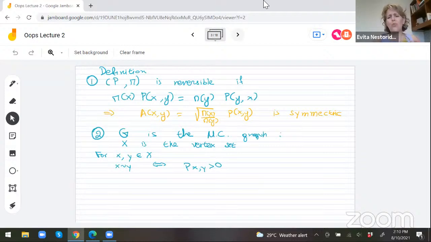Okay. And we will be in the reversible case, so I don't want to talk about directed graphs. This will be an undirected graph. In this case, by the way, just because it's easy for us to define this now, being connected corresponds to the Markov chain being irreducible.